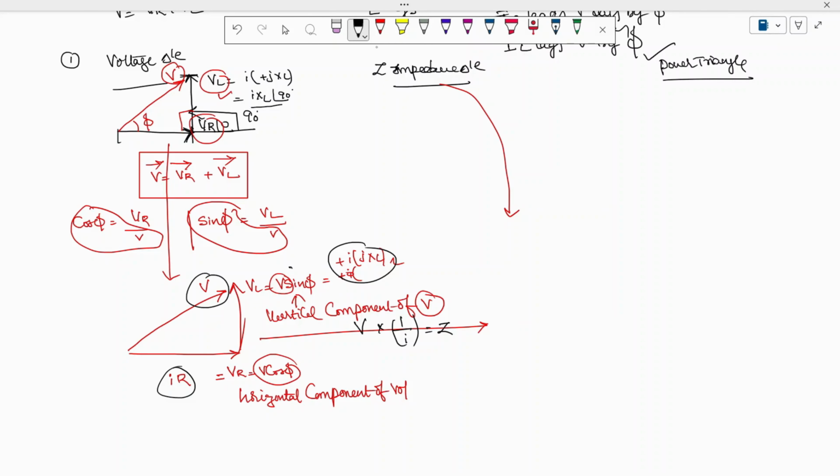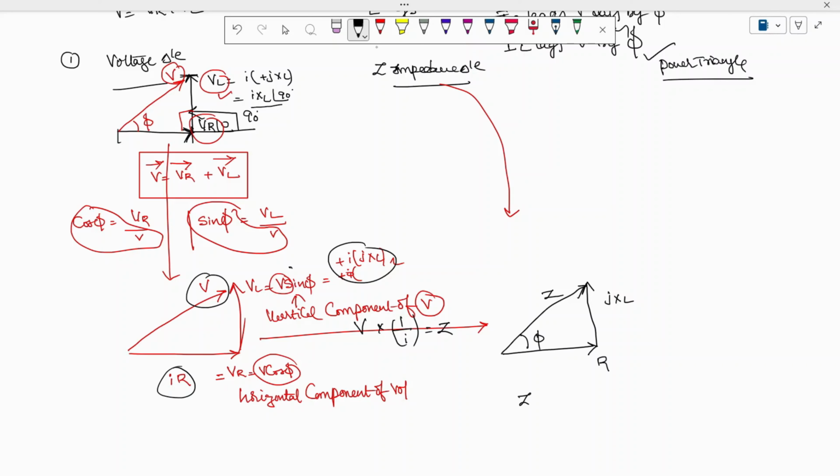When you divide IR by I, then you are going to get only resistance. This is nothing but the horizontal component, which is resistance. So I J XL, when you divide, you are going to get one more component, which is nothing but J XL. Okay, and this resultant is called impedance. It's nothing but Z. So here you are going to have phi.